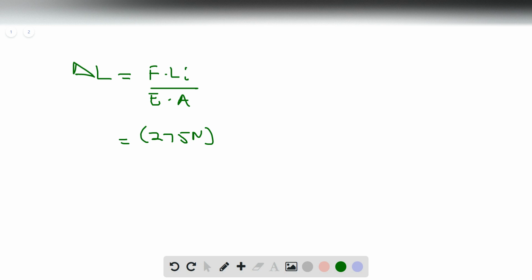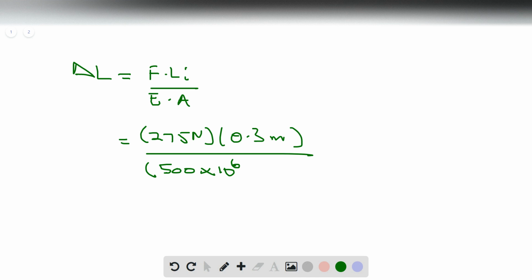The original length, as you can recall, was 0.3 meters, and then the modulus of elasticity happened to be 500 times 10 to the 6 newtons per meter squared, almost similar to pressure. When you think about pressure, and then we want to multiply that by this area. That's the cross-sectional area, pi r squared.